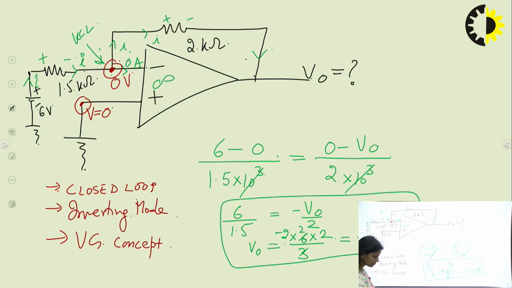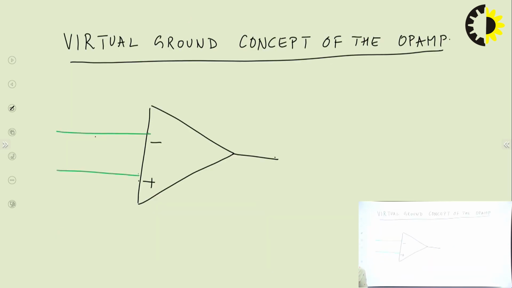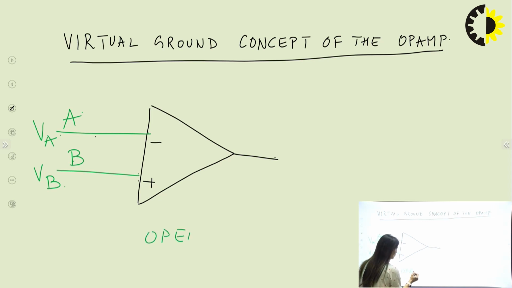So here this point is VA and this point is VB. We have supplied VA, and this has been supplied VB. Let's say this is the input we have applied at the OPAMP. No feedback has been given, and we have the open loop configuration.